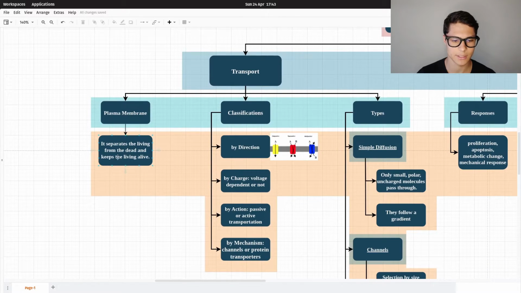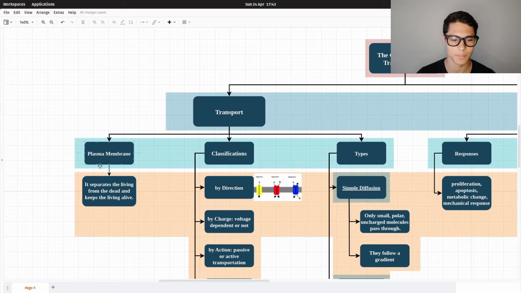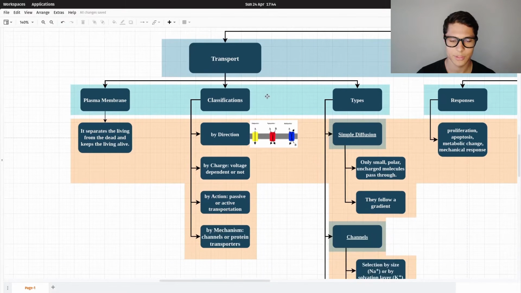Its functionality is that it separates the living from the dead and keeps the living alive. Okay, so the role of the plasma membrane is to keep those organelles inside the cytoplasm and define the cell itself.